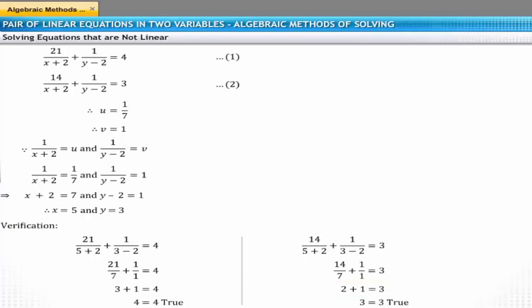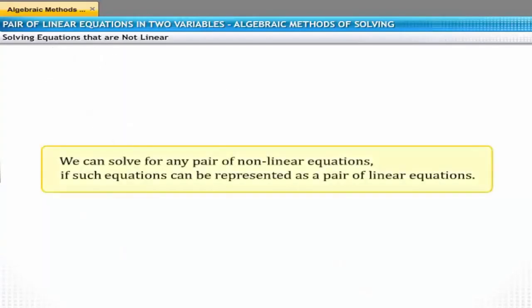As you can see, the linear equations are satisfied. Thus we have verified. So, we can solve for any pair of nonlinear equations if such equations can be represented as a pair of linear equations.